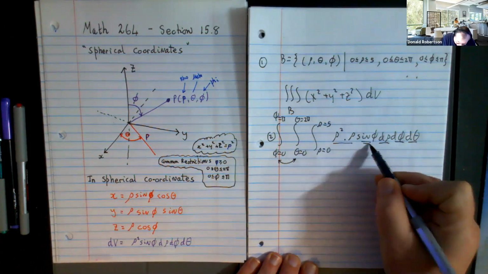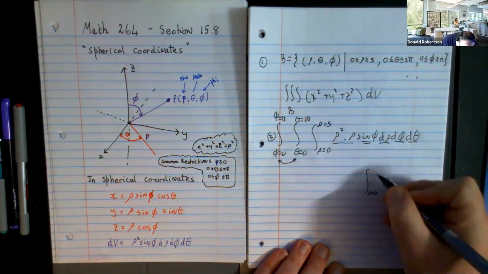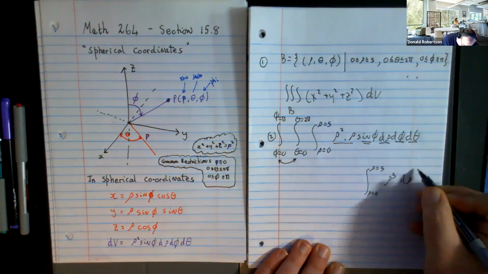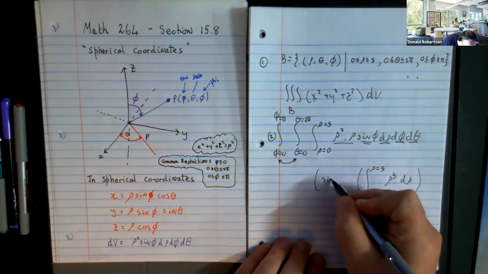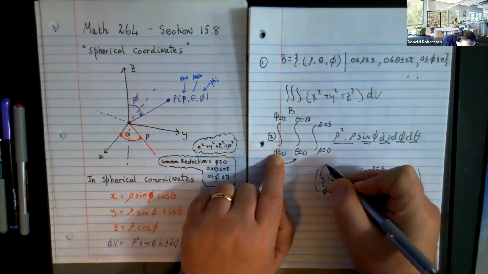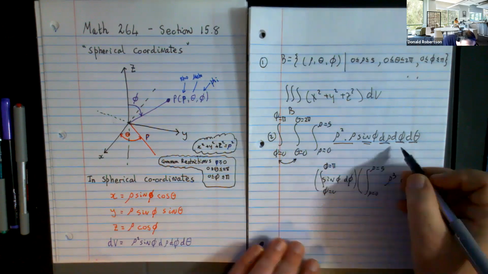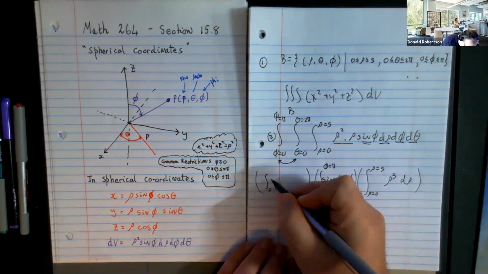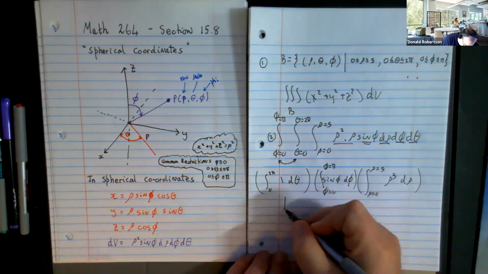It is separable, so I'm going to do rho equals 0 to rho equals 5 of rho cubed, then sine of phi with phi from 0 to pi, and for theta you're just going to get theta equals 0 to 2 pi of 1 d theta.